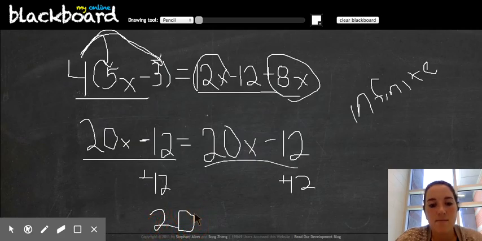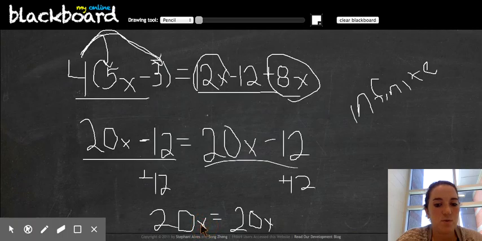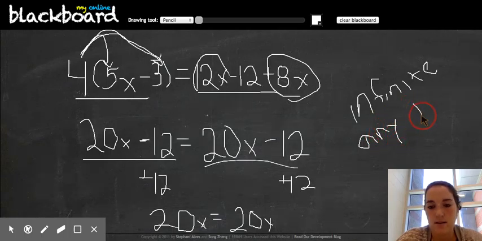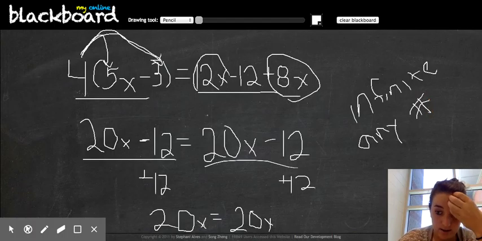Is there any number that I could substitute for x that would make this not true? No. If x equaled 1, that would be 20 times 1 equals 20 times 1. If x was 2, 20 times 2 would equal 20 times 2. Any number for x would work. So infinite means any number. So there are infinite solutions.